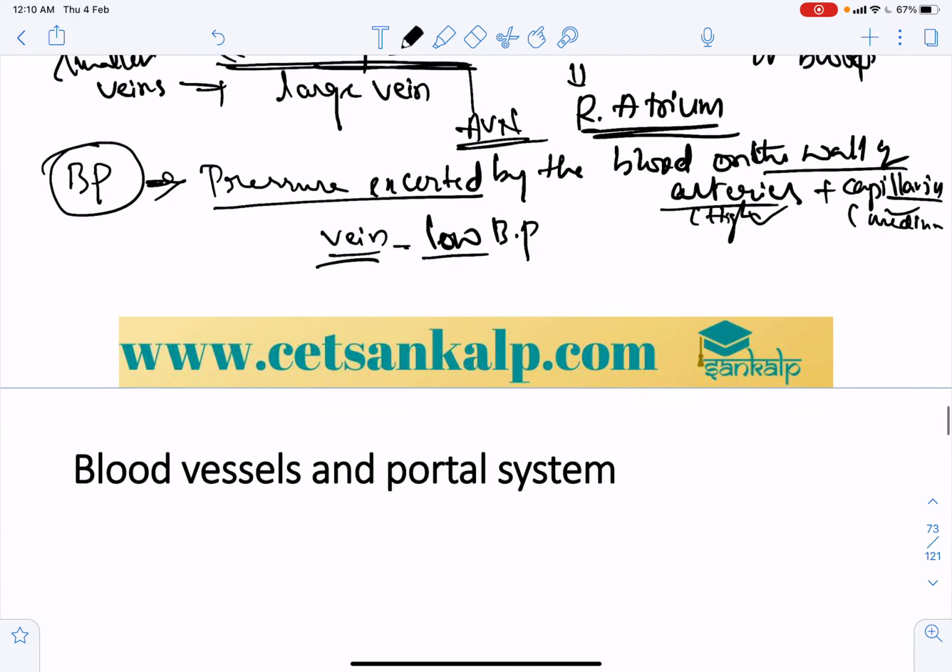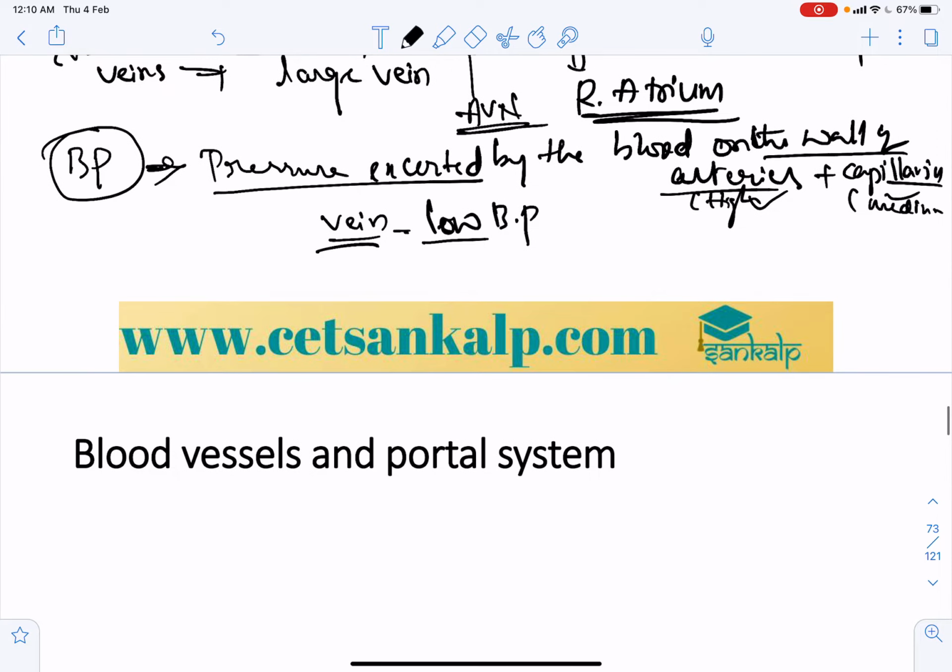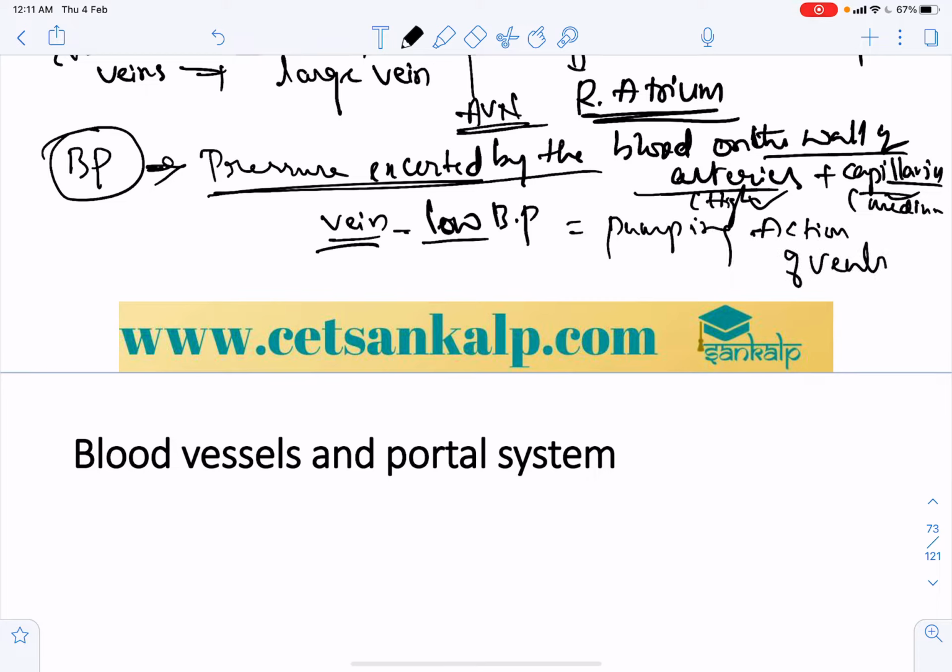So we can define it like this: the pressure exerted by blood on the walls of arteries and capillaries, and also veins, where it is very low. This is called BP. This pressure is mainly because of the pumping action of the ventricles. The pumping action of the ventricles is the cause for blood pressure.